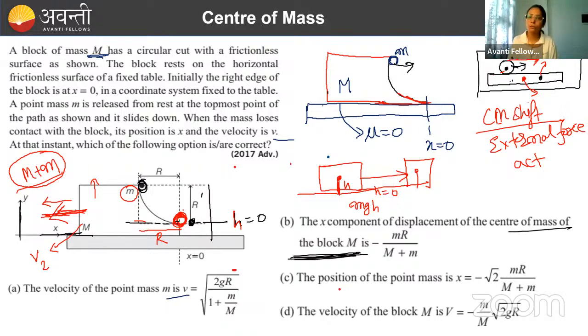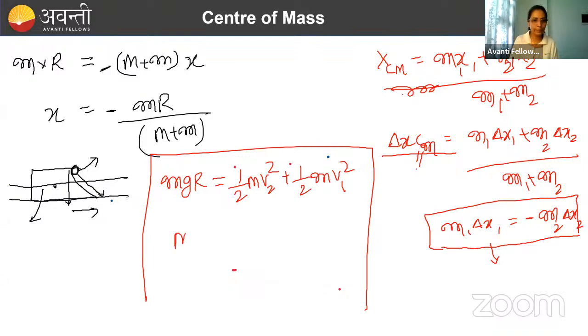How much? Small m into v1. So initial momentum is 0 for the system. Final momentum should also be 0. So whatever momentum capital M has, that momentum must be equal and opposite to whatever momentum small mass m has in the horizontal direction. Done. So that can be written as M v2 equal to m v1. Clear है? Now this is done. अब हमें क्या निकालना है? अब आप इसका values निकाल लो.